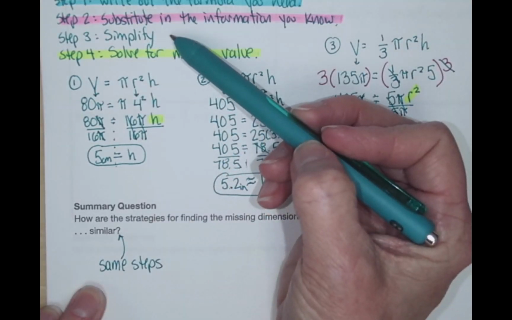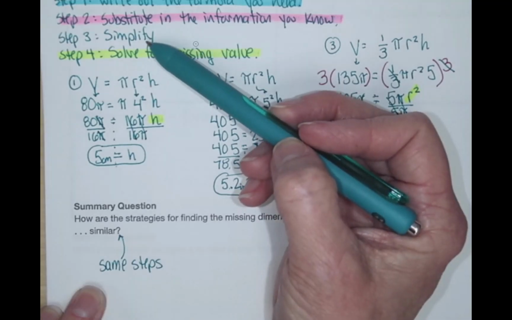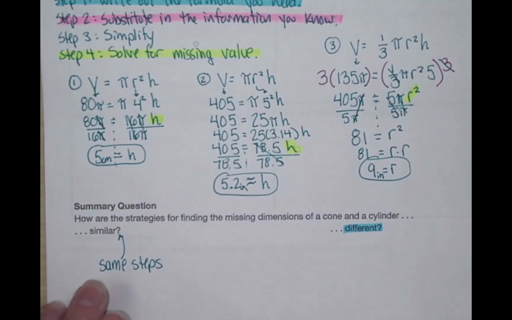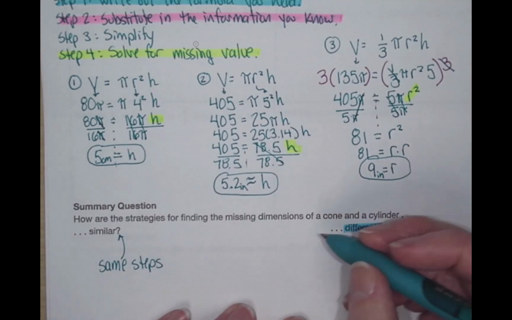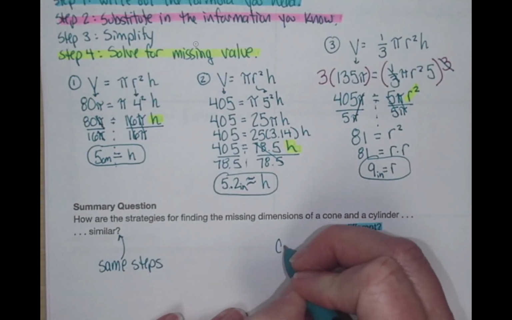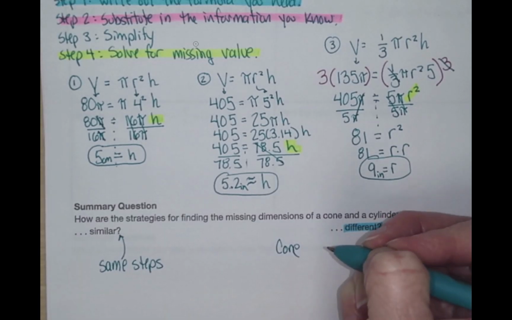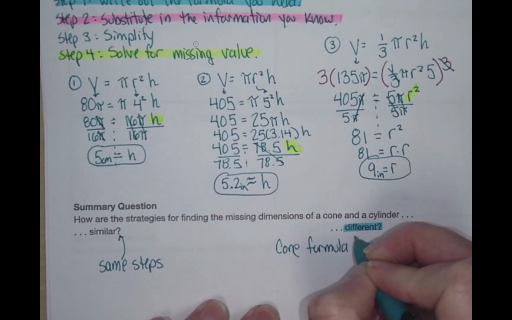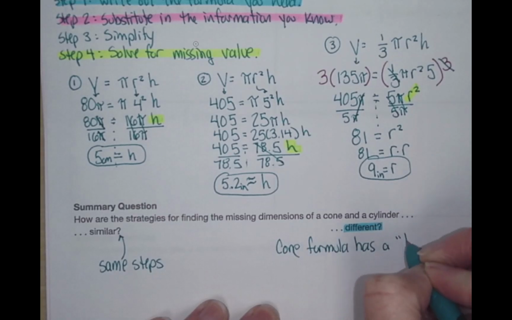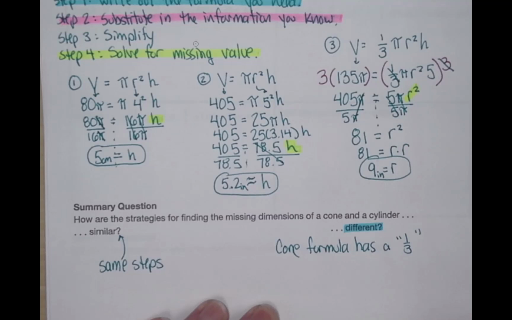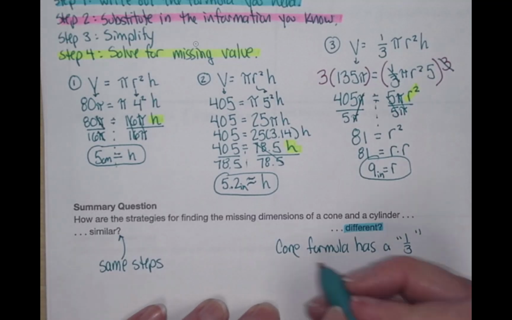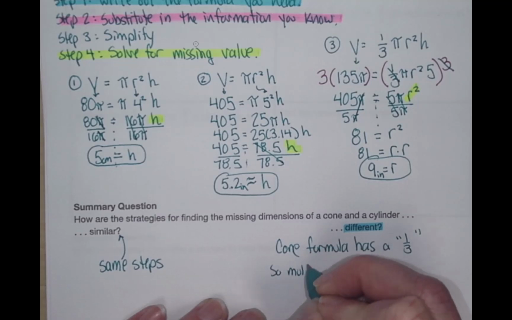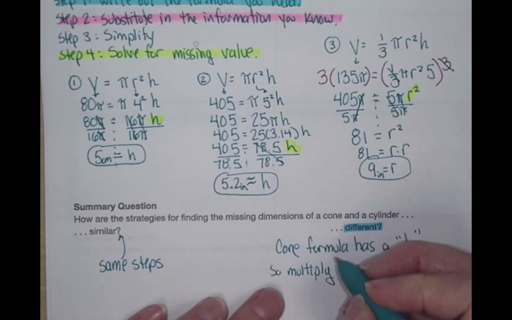Step 2, substitute in the information you know. Step 3, simplify. Step 4, solve for the missing value. But the way they're different, the cone formula has a 1/3. So to eliminate that, just multiply both sides of the formula by 3. And that'll clear it out.